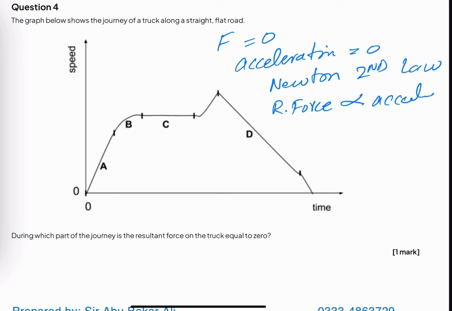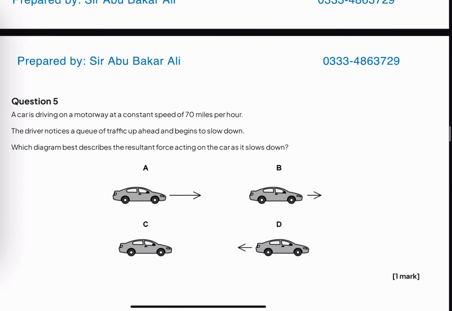So acceleration is 0 when speed is constant. So we have to look for the constant speed. If you see the graph, this portion is a constant speed. So it's option C. At option C, speed is constant, acceleration is 0, and resultant force is also 0.